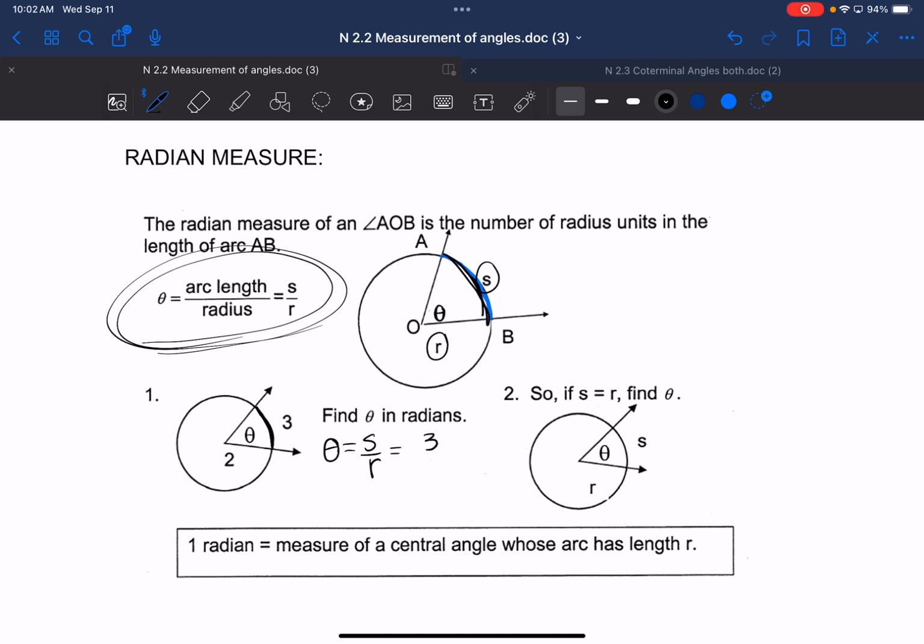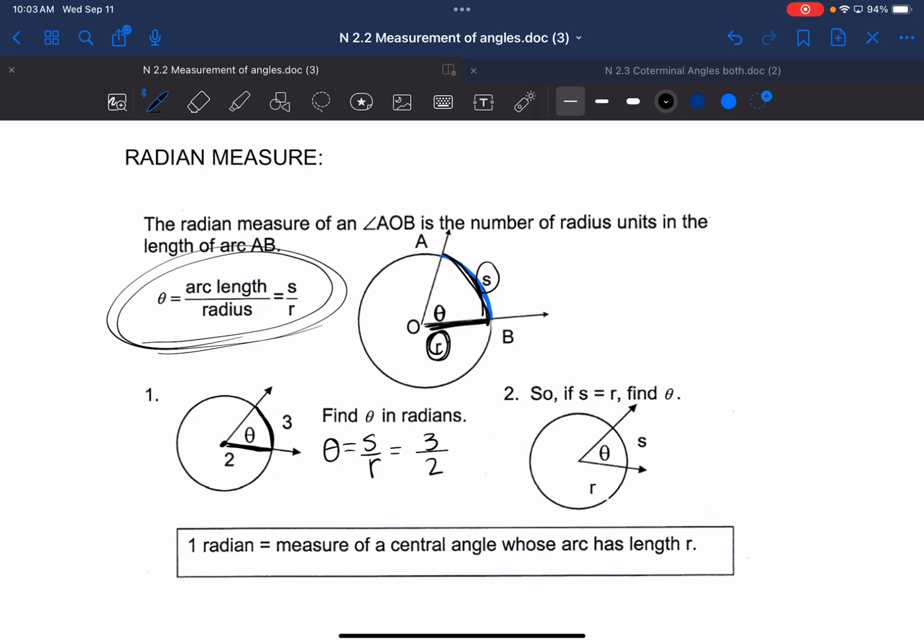So I'm going to plug in 3 for S over R, which is the number representing the radius. Radius, remember, goes from the center to the edge of the circle here. And how long did they say that was? 2. So your radian measure here would be 3 over 2.